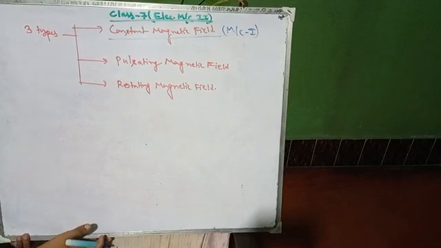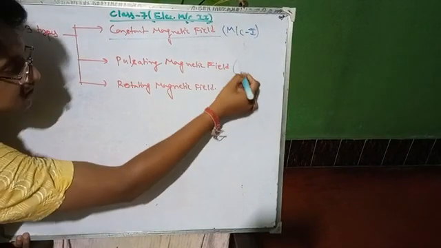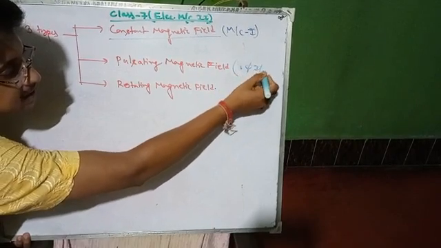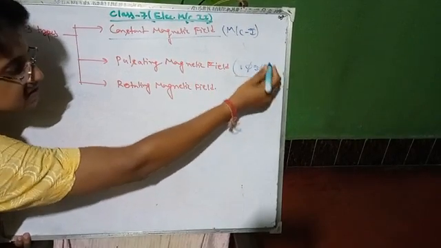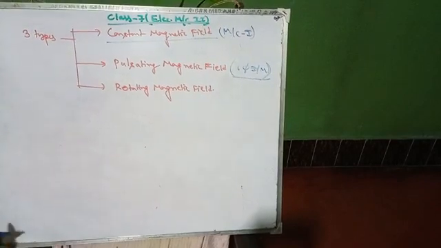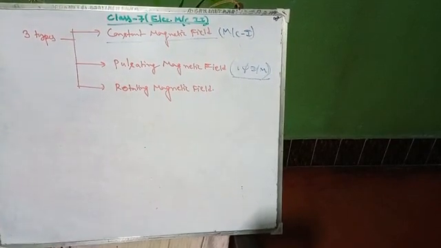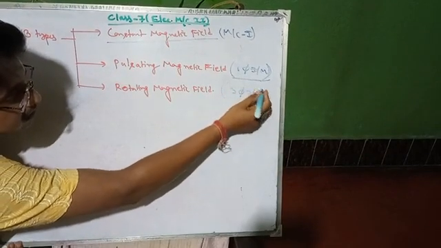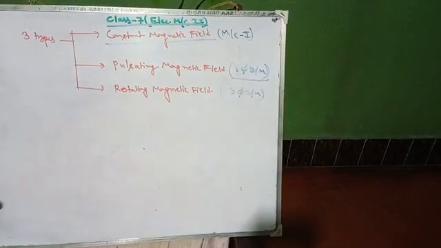The pulsating magnetic field you have to learn in detail in the single phase induction machine. And the rotating magnetic field you have to learn in the 3-phase induction machine.